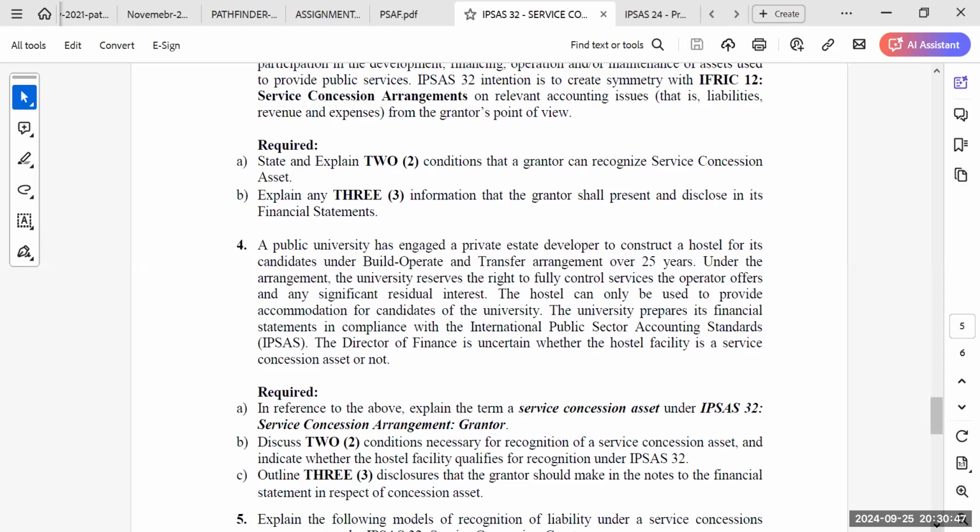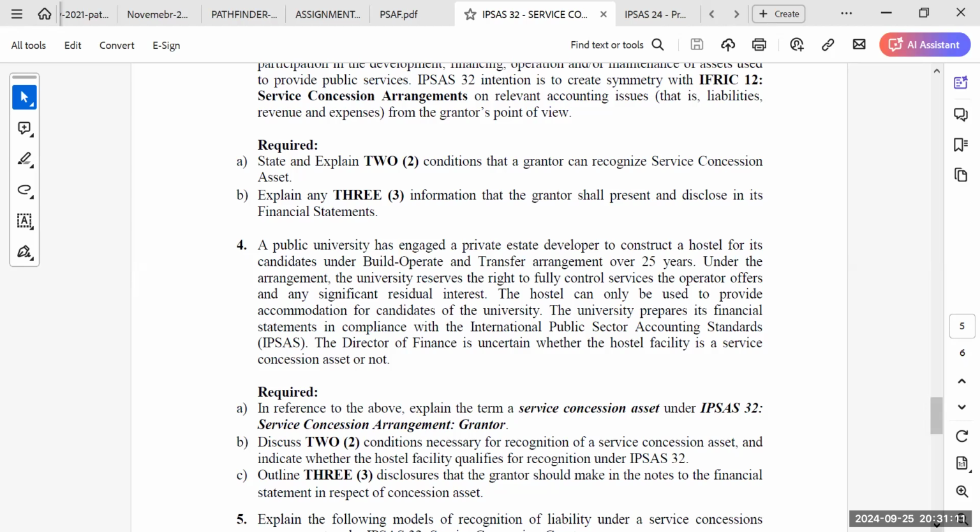Okay. Under IPSAS 32, the grantor shall present and disclose the following information in each financial statement. So the description of the arrangement, okay, termination and what? Any renewal options, any significant what? Changes made in the arrangement during the reporting period.